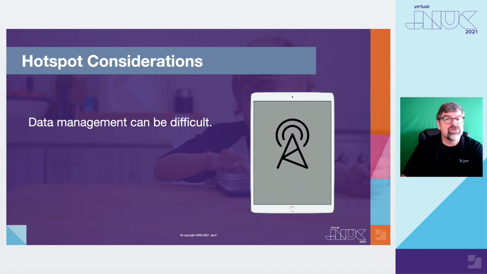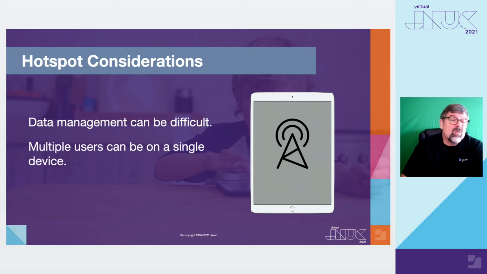It never understands that it might be using cellular. We can have multiple users on a single device, meaning we're carving up that speed and we're seeing a drop in performance. And then finally, it's just another resource, something to get lost, something to keep plugged in, some battery to ensure it's fully charged.